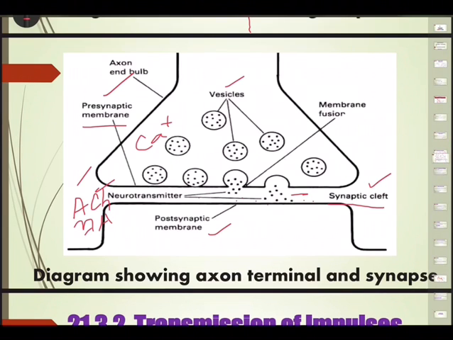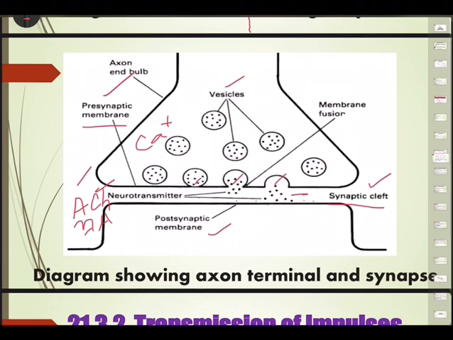The calcium ions cause the movement of synaptic vesicles to the surface of the knob. The synaptic vesicles fuse with the presynaptic membrane and get ruptured. As you are seeing here, it is getting ruptured and ready to rupture. All the vesicles are coming and taking their place on the presynaptic membrane.